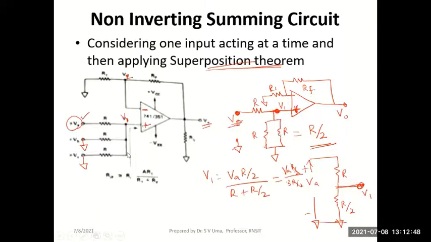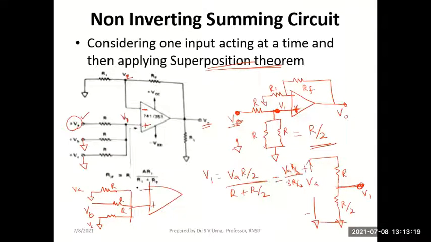On similar terms, for the second case, we will consider VB is active and VA and VC are grounded. See, VA and VC are grounded, but VB is active. As usual, you have the same set of resistors, all connected to the non-inverting terminal here.